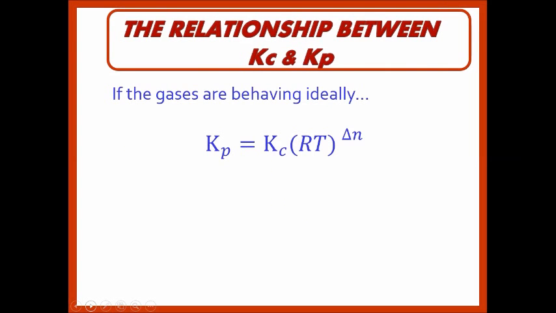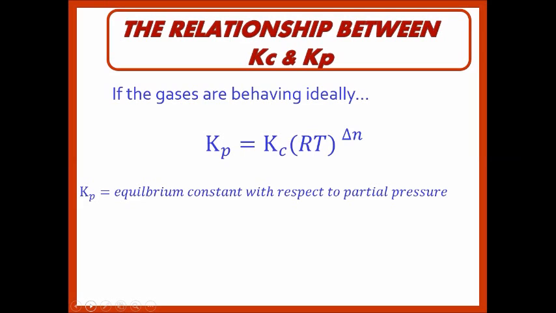So we use the expression of Kp is equal to Kc times RT raised to the delta N to describe the relationship between the equilibrium constant in terms of concentration and pressure. So the Kp, like we've discussed, is the equilibrium constant with respect to partial pressure. Kc is the equilibrium constant with respect to concentration.